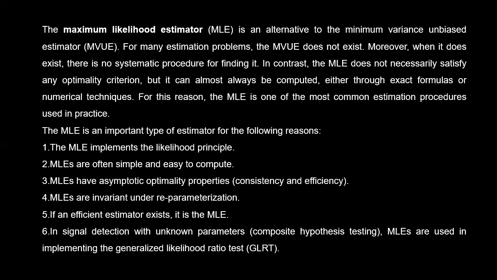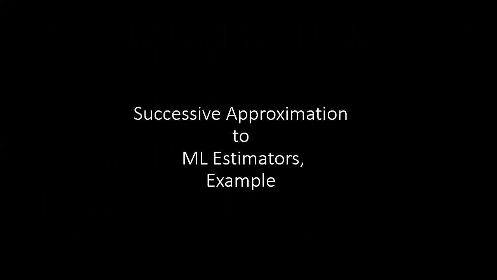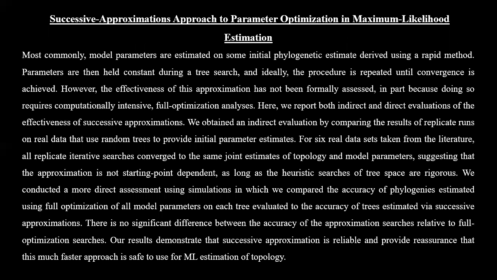The next topic under consideration will be successive approximation to maximum likelihood estimators, and we will also solve some examples relating to this topic from some discrete or continuous distributions.